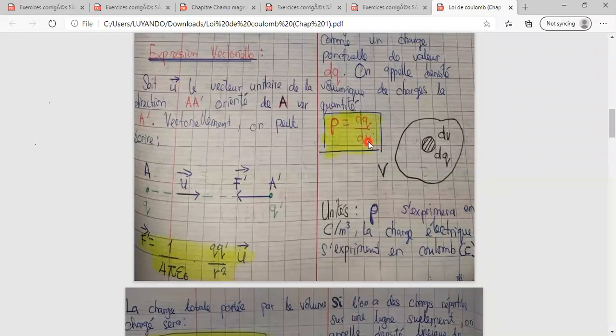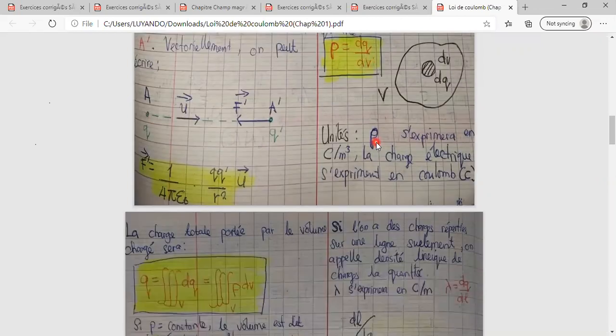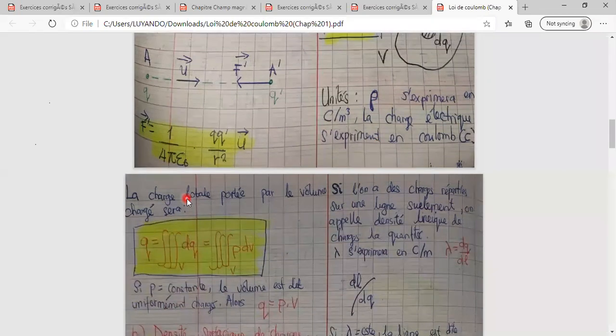So la charge totale portée par le volume: if we want to find the total charge carried by the volume, it is equal to an integration.